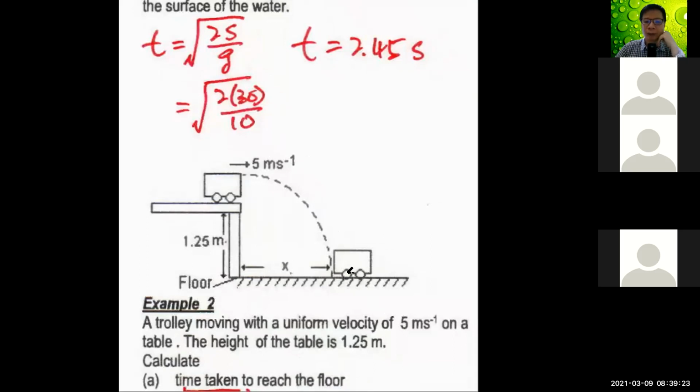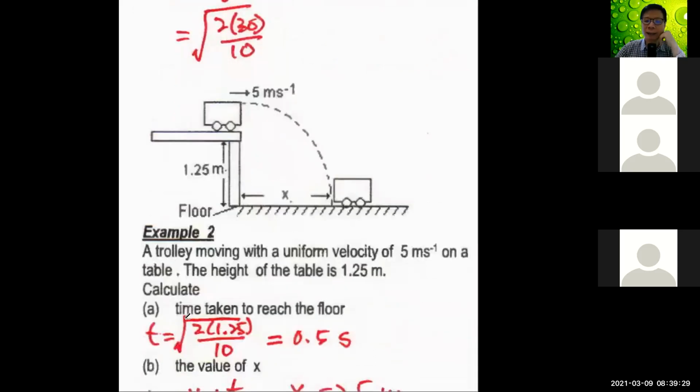First question, calculate the time to reach the floor. To find the time, nothing new. Just use the formula square root of 2s over g. s is the height, 1.25. Gravity is 10. If not given 9.81, we use a gravity value of 10. So you get 0.5 seconds. So this trolley will take 0.5 seconds to reach the floor.